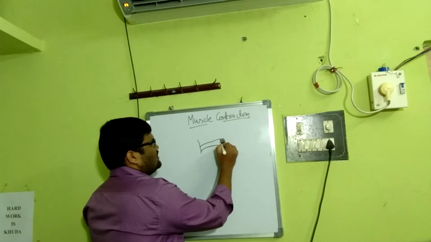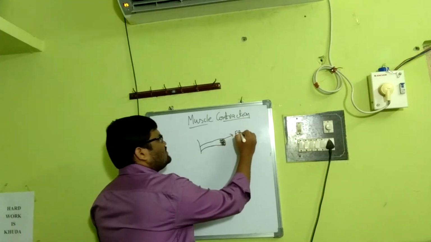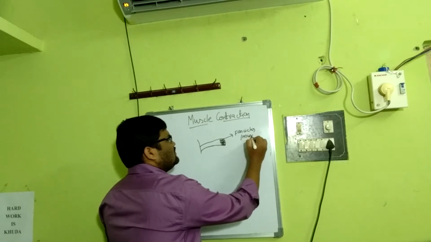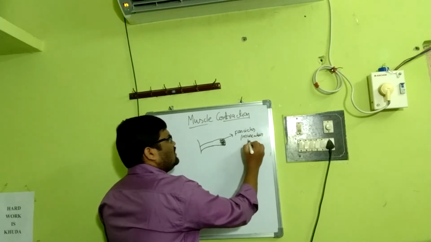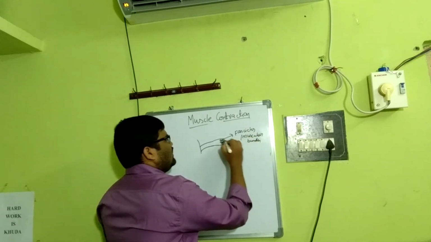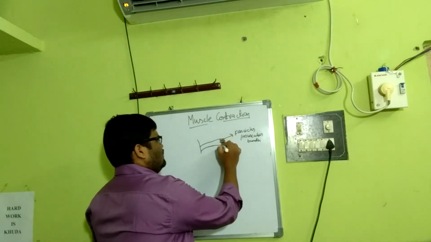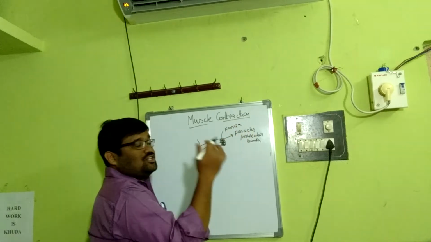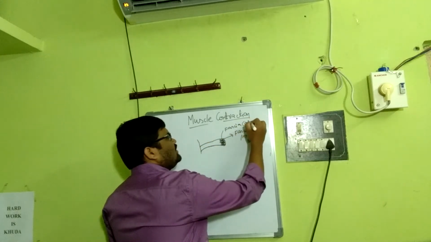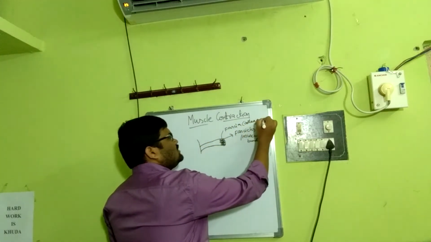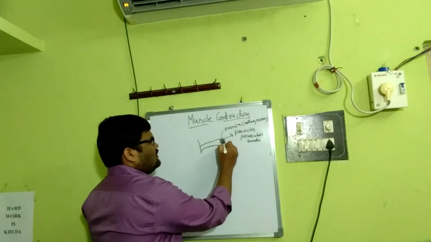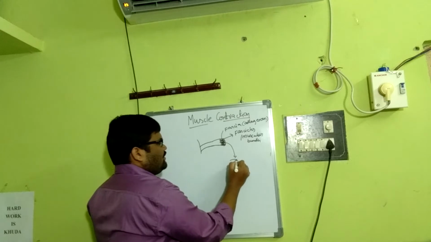They are called fascicles, that means muscular bundles, adhered by means of fascia, a collagenous substance which adheres them.